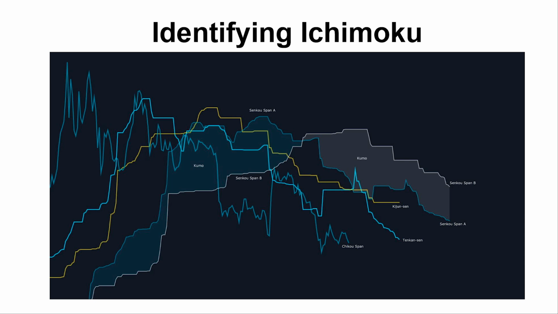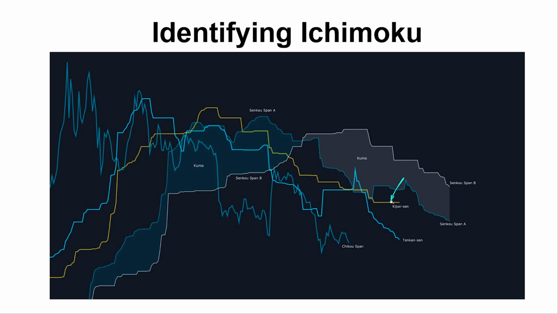So this is a chart of the Ichimoku cloud without any candlesticks on it. I really want to reinforce the components so we can start to understand how we can use them. Let's talk about them in order. This light blue line is our Tenkan-sen. We'll notice that it usually likes to stay very close to its brother, Kijun-sen.